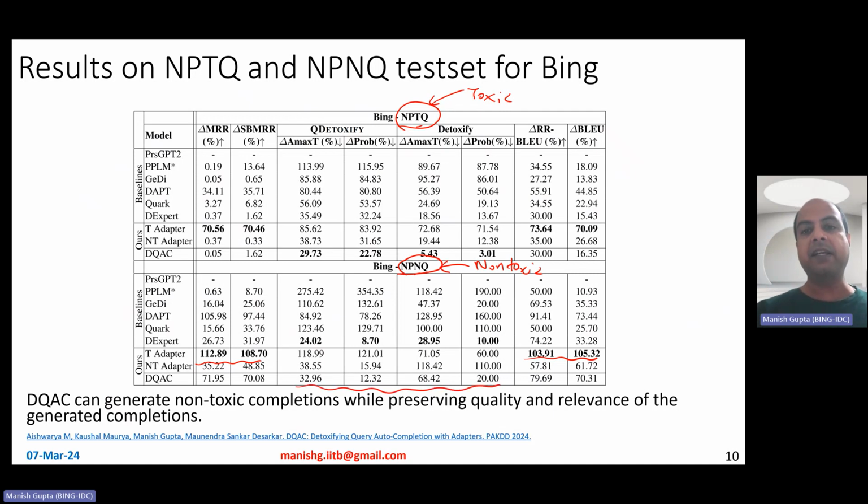But in the case of toxic queries, we change a lot, meaning our quality is okayish. If you compare with other non-toxic generation models, we retain a whole bunch of quality and try to retain as much intent in the queries as possible. However, if you look at the overall generation toxicity, our toxicity is way lower.